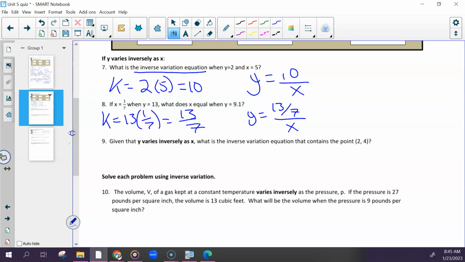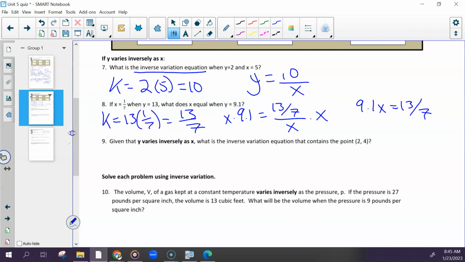So if you replace y with 9.1, and you multiply both sides by x. Some of you were trying to multiply by this, but that wouldn't get x out of the denominator. Then you could divide both sides by 9.1.